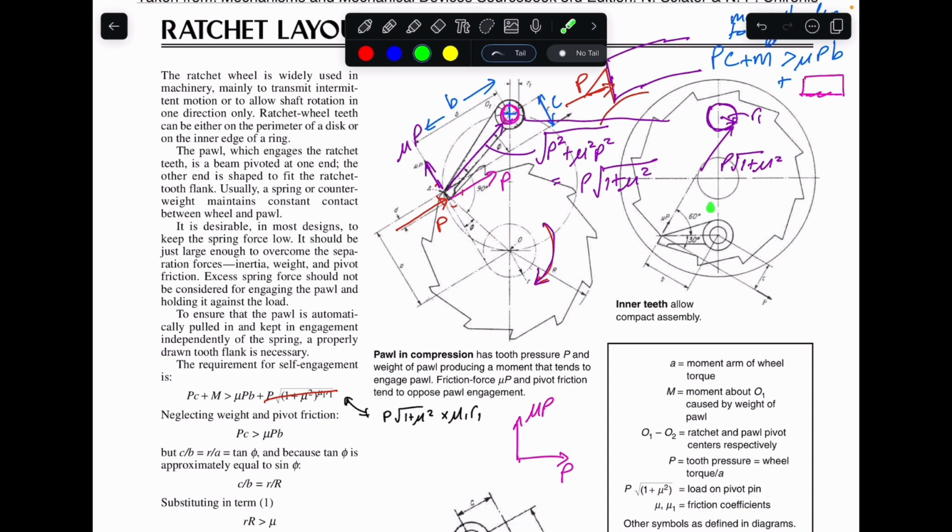So the frictional force will be that, and the torque due to that frictional force will be that whole thing multiplied by R1.